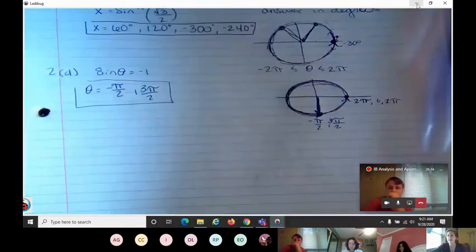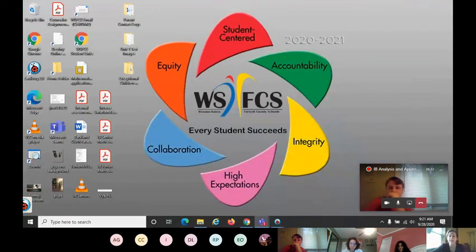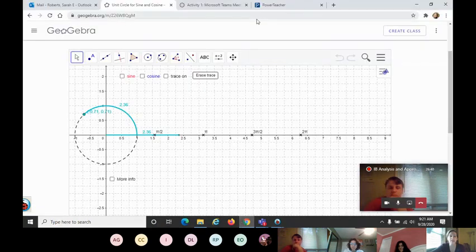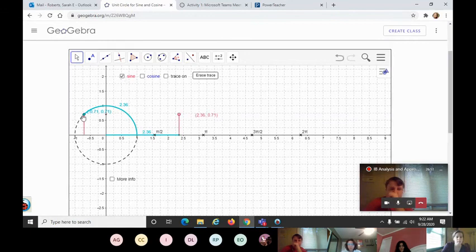So to kind of replace the spaghetti trig activity, I'm going to show you guys a little demo to show you how the unit circle basically traces out the sine and cosine graphs. So we'll start with sine, okay? And I want my sine graph to start here.